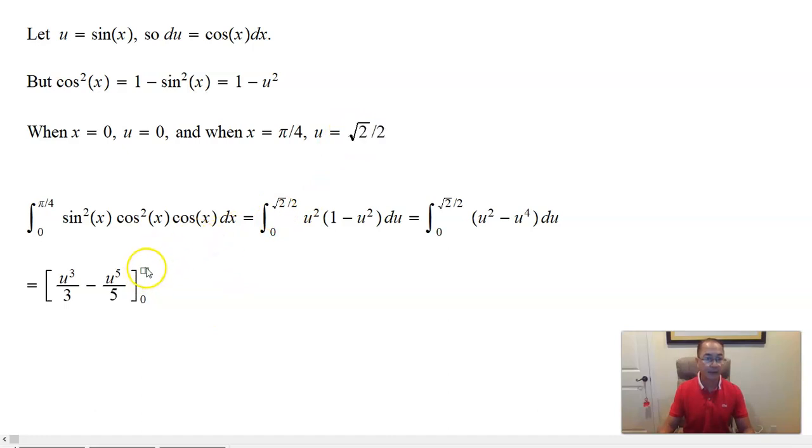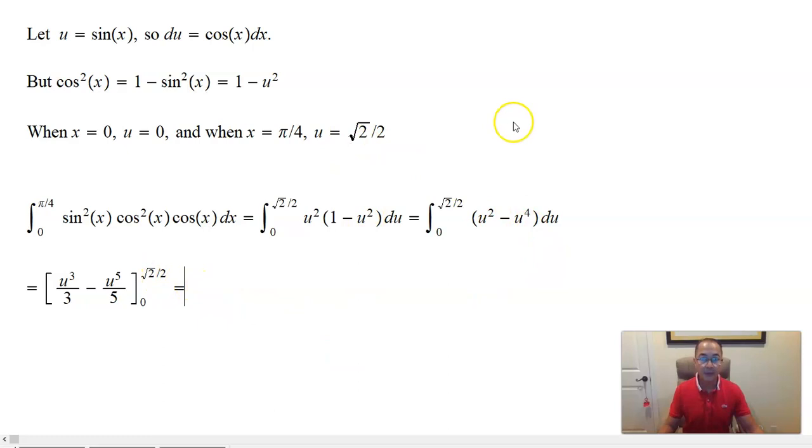Okay, so let's put that up here. And we just have to plug that in. 0, of course, goes away. We are cubing radical 2 over 2 and also raising it to the 5th power. But those are odd powers, okay? So the square root is not going to completely go away.